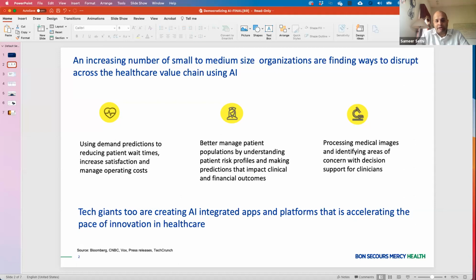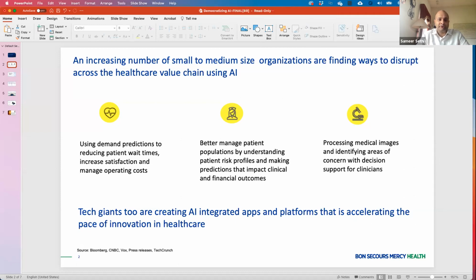What is encouraging is that this sentiment is shared across the healthcare IT sector, and organizations both small and large are doing something about it.